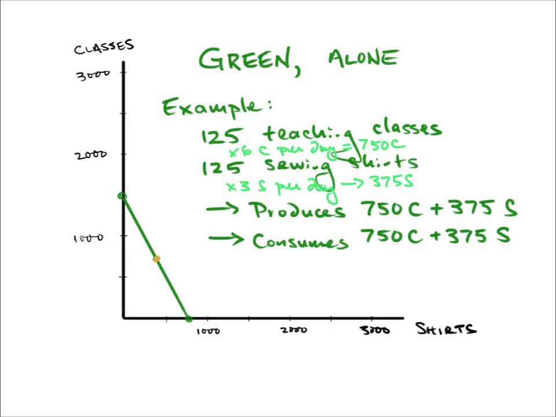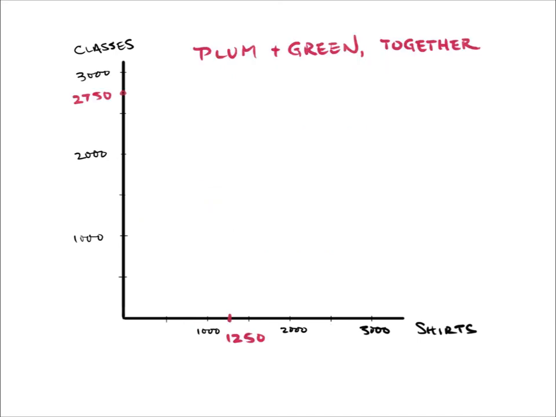Okay, in the next step, we're going to think about what Mr. Plum and Ms. Green could do if they worked together. Plum and Green working together. Now, the extreme points, I'm going to graph this, and usually it's easy for me to think about the extremes first.